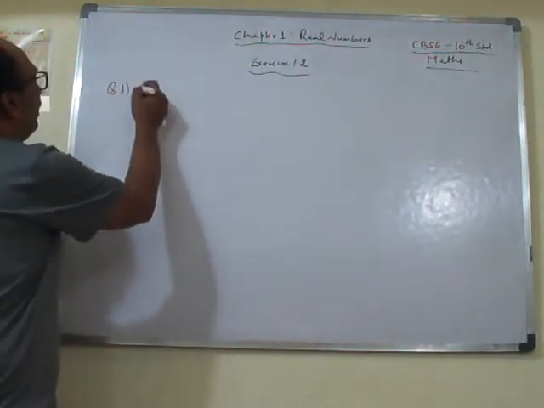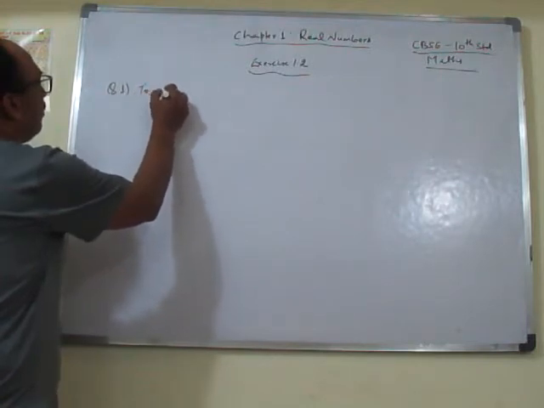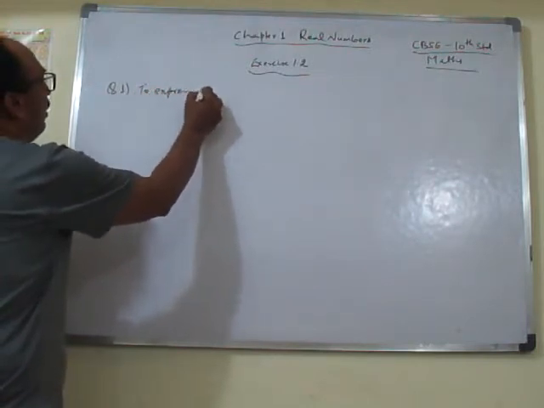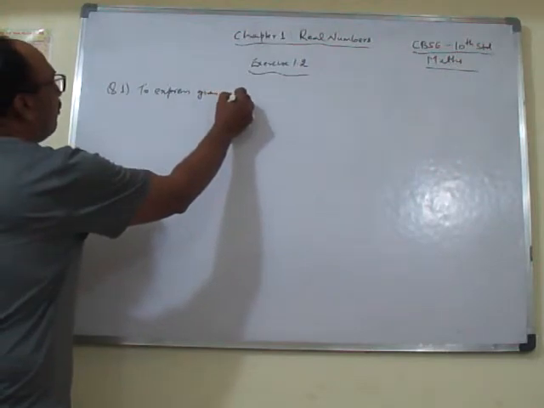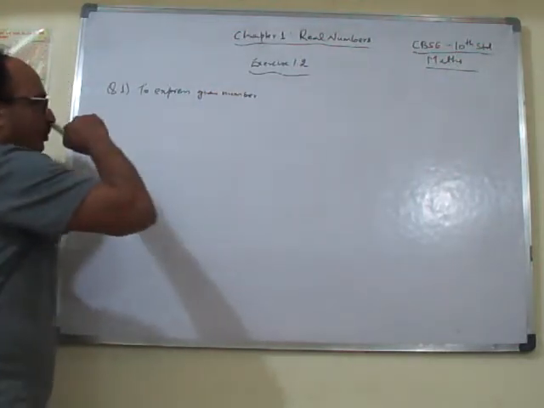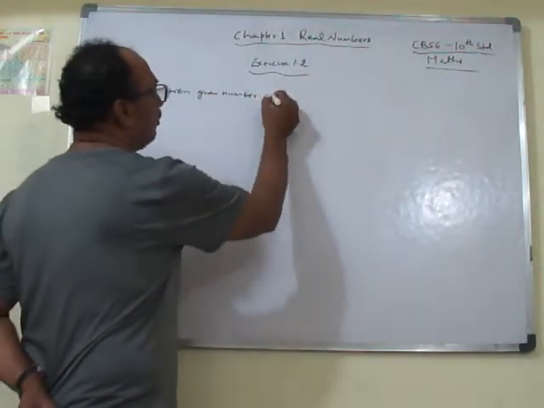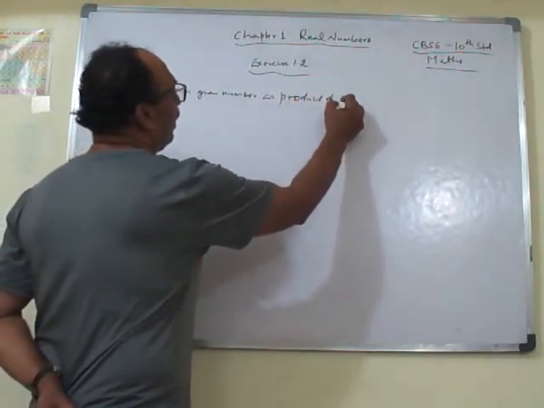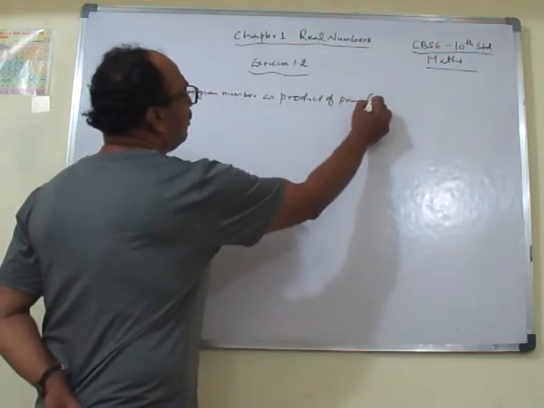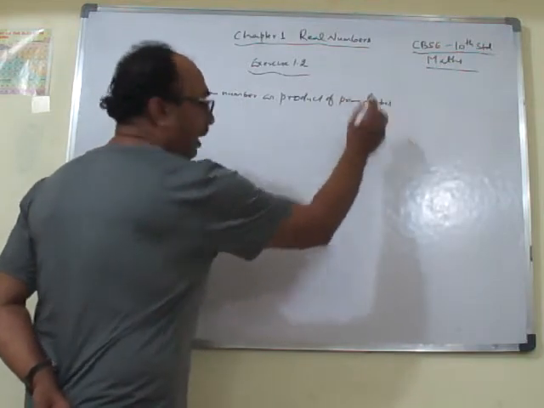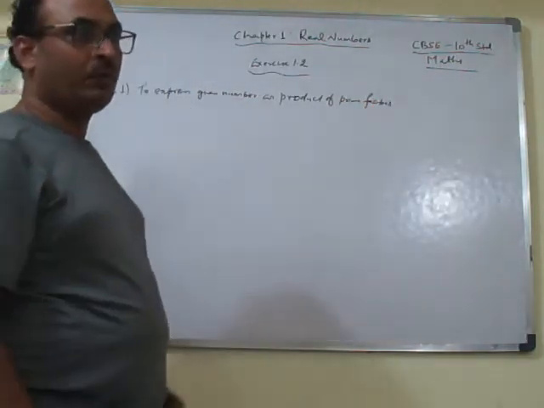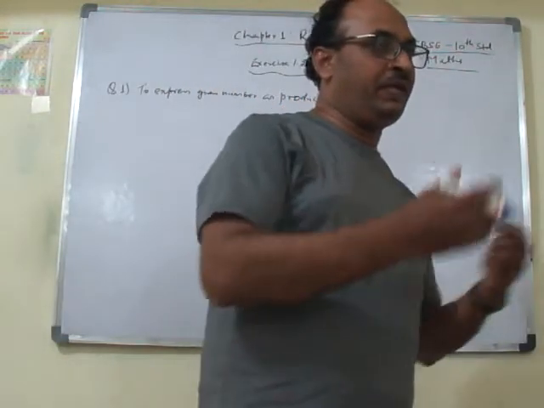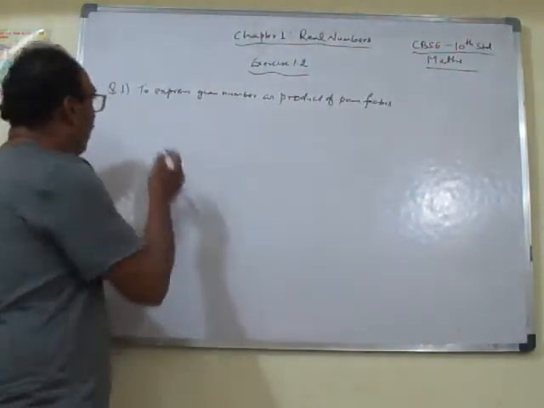Question number 1 is to express the given numbers as a product of prime factors. We are given a number, the first one is 140.